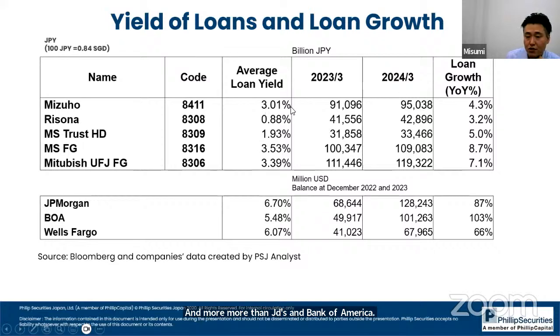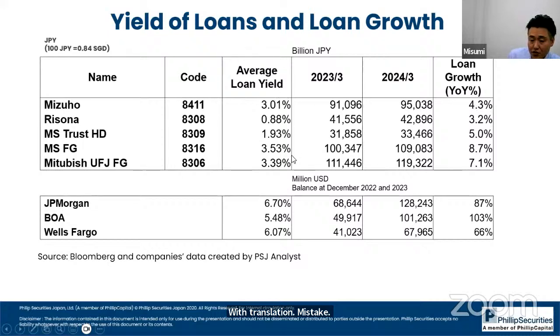We see from this figure how profitable these companies are. MS Trust Holding is SMBC, sorry, MUFG is SMBC, I made a translation mistake.